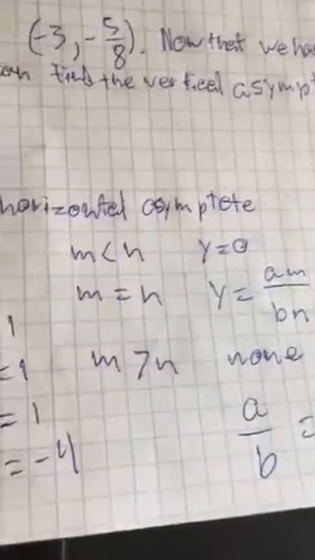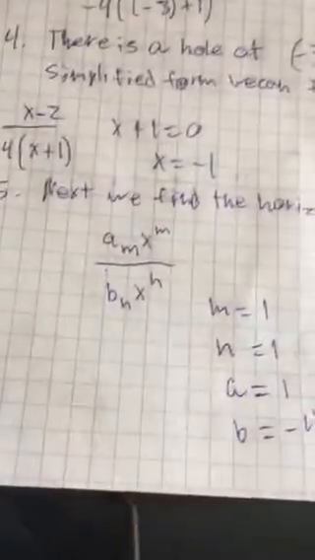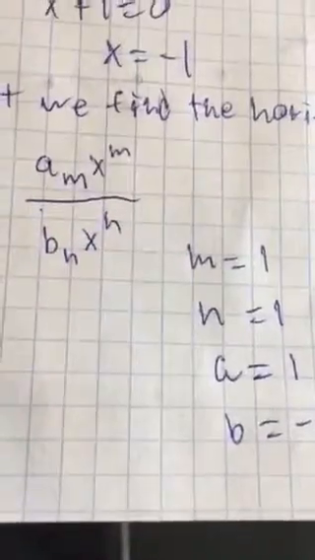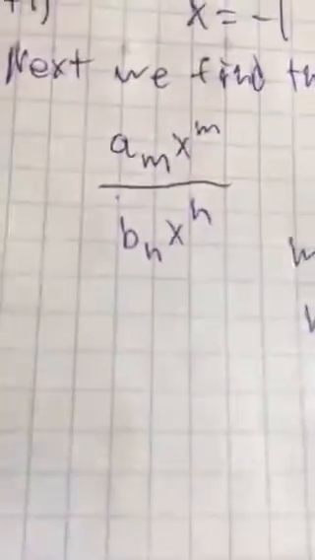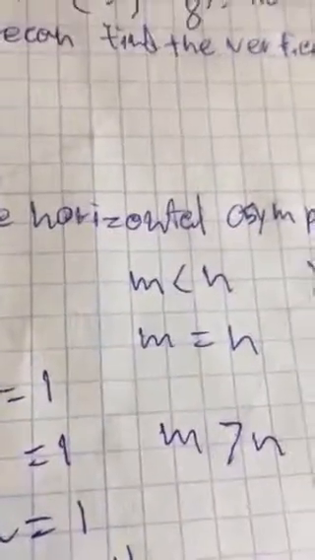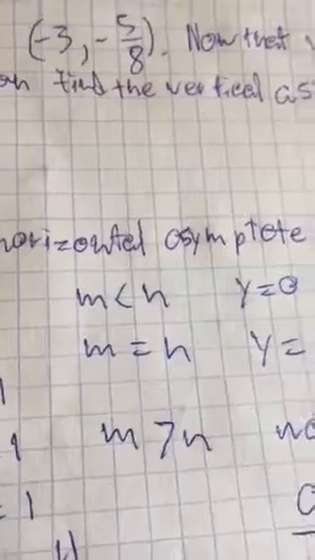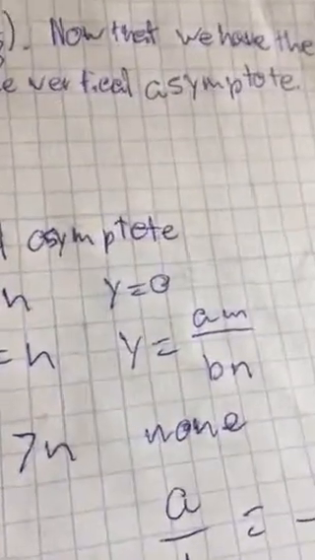Over here we can see the rules. If m, which is the exponent of the numerator, and n, which is the exponent of the denominator, if m is less than n, then our horizontal asymptote equals 0.